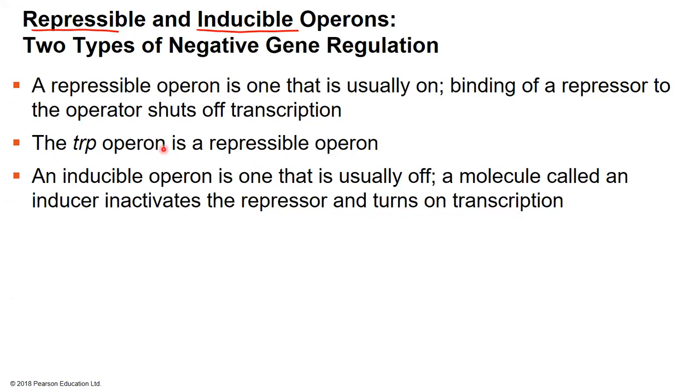The trp operon is an example of a repressible operon. Now, these repressible and inducible operons are examples of negative gene regulation, meaning the expression of these genes could be turned off by a repressor.